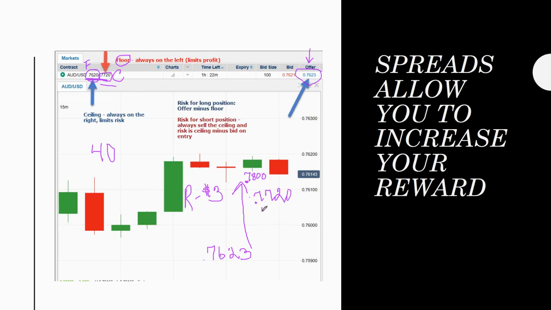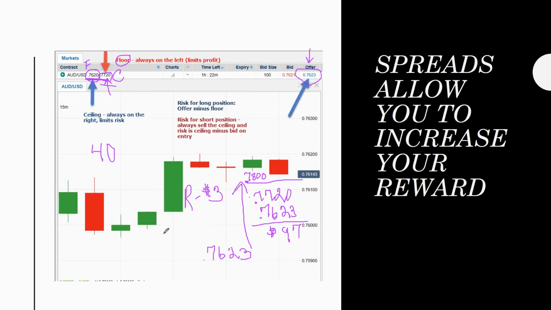On this particular spread, if I paid $76.23 on entry and it did move up to $7,800, then my profit would actually be $97. Do you understand that? Because this number, the ceiling, is going to limit my profit.